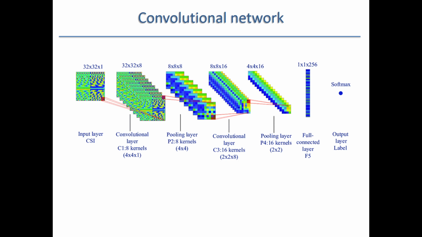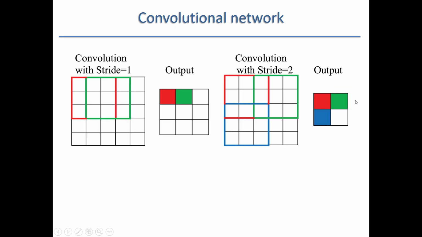So now it is a vector of size 256 components, and then we put there a fully connected layer that will produce our output. Okay, so let's say that we have an input image of this size and an output of this size.